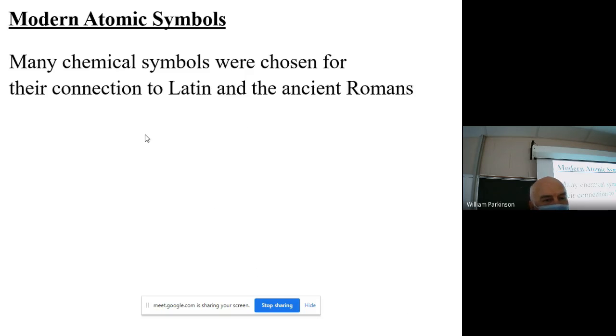Okay, now just some other interesting things about where many of the names came from. A lot of them came from the fact that they were used in ancient Rome, and so they have their Latin names. And the symbols that are used are taken from their Latin names. Like copper in ancient Latin was cuprum. So we still use Cu for copper because that's what the Romans used for copper.